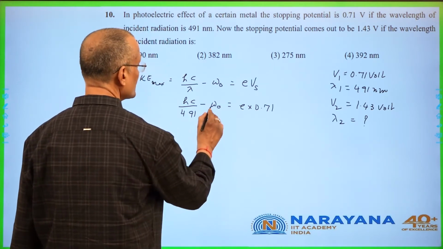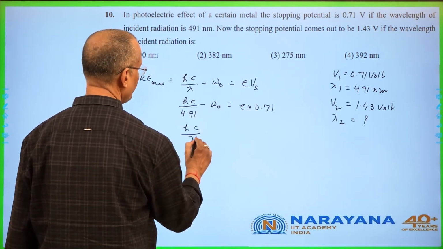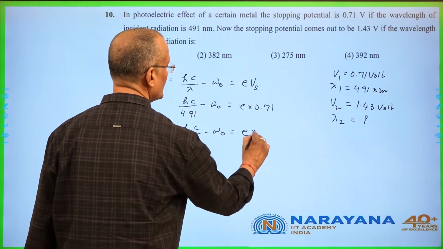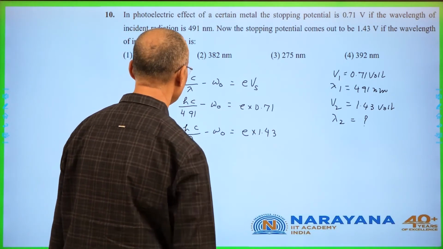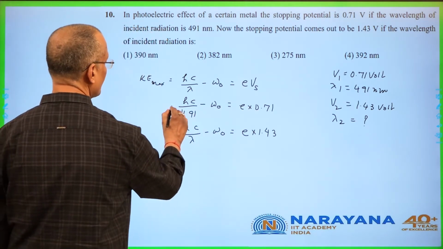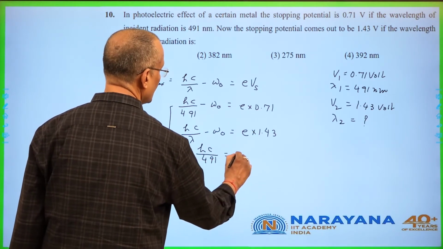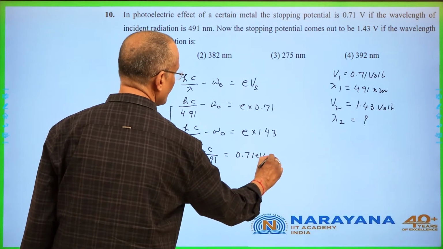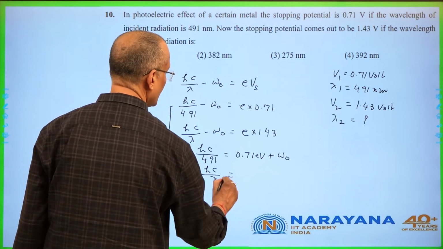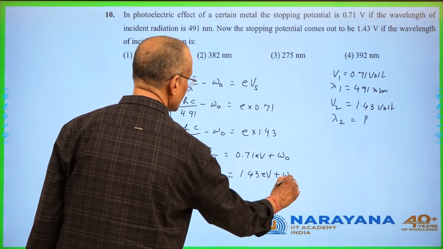The second one will be hc by lambda 2 minus W naught equal to e into 1.43. Clear? Now you want lambda. So from these equations you have hc by 491 equals 0.71 electron volt plus W naught, and hc by lambda equals 1.43 electron volt plus W naught.